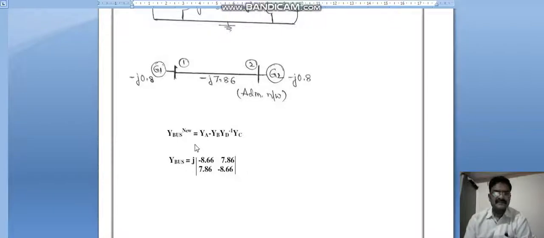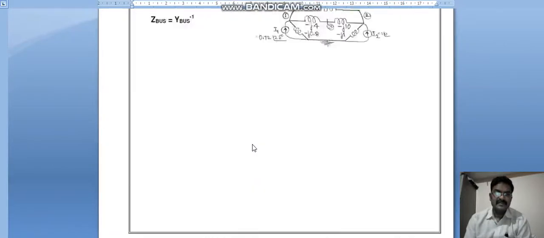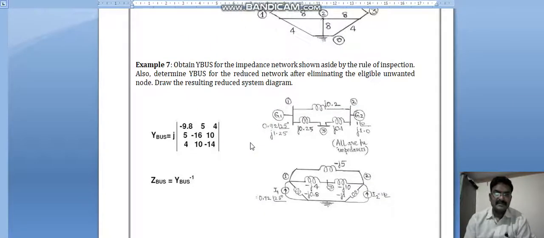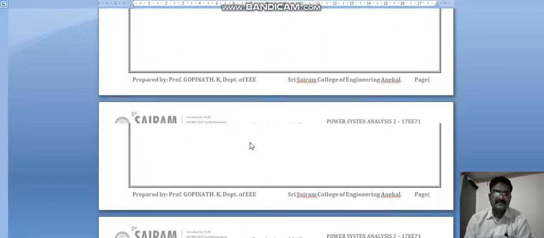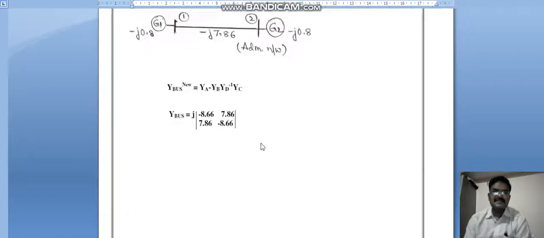Y bus new is equal to Ya minus Yb Yd inverse times Yc. We know Ya, Yb and Yc, and from those values we can find the value of Y bus, which is j times minus 8.66, 7.86 per unit. These values are called per unit values. Okay, thank you.